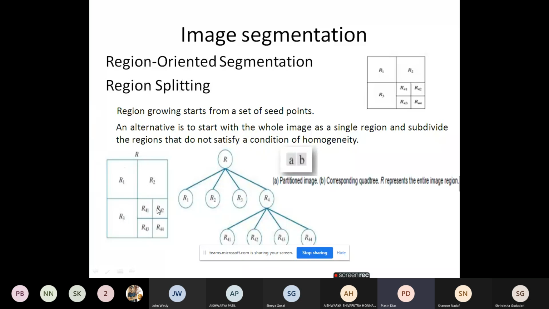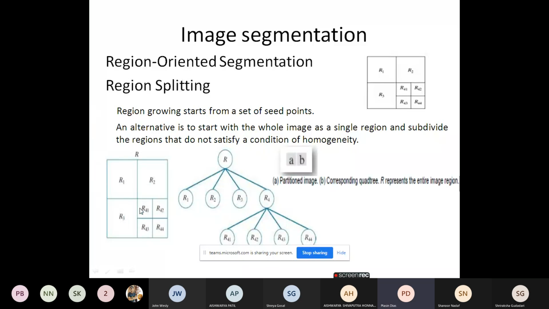That is how we do this partitioning or splitting of those regions. We'll take up one example related to that later on. So right now, remember how we are able to do this partition.